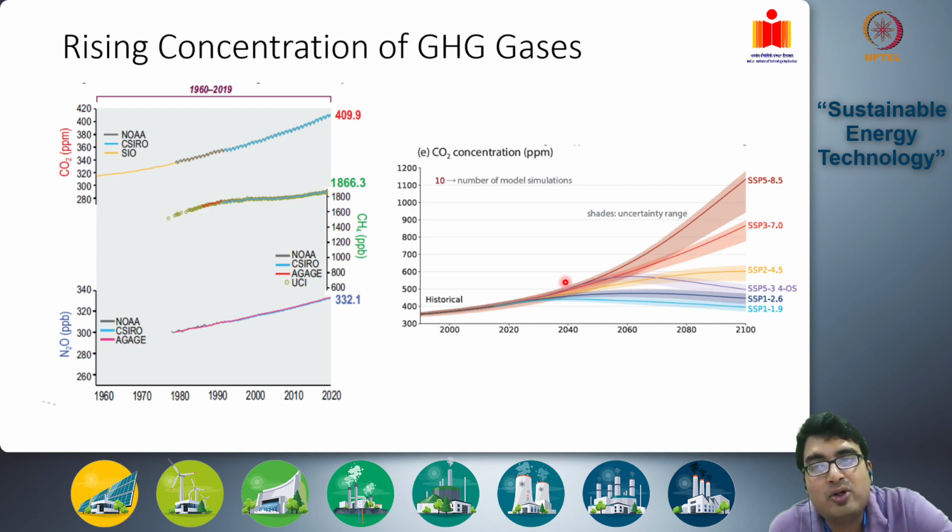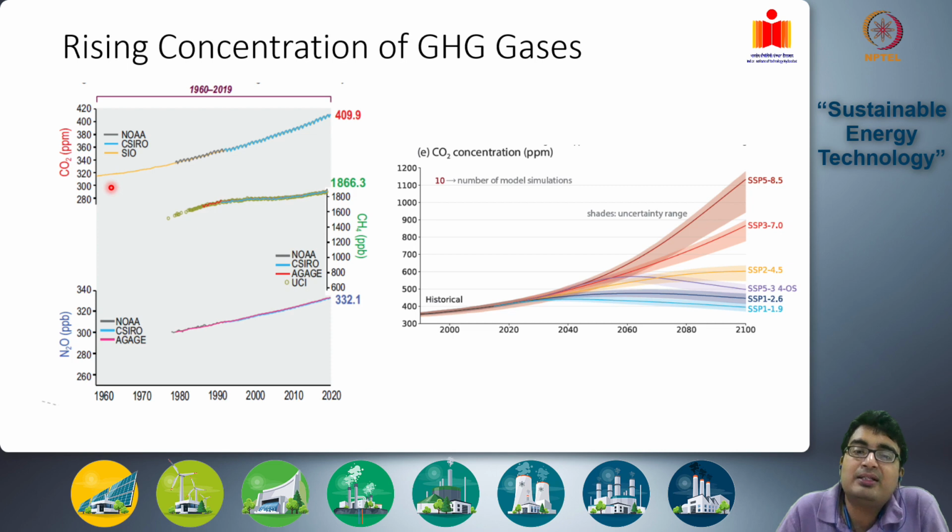So we can also measure how much this emission of CO2, nitrous oxide and methane has led to a rise in the concentration of these gases in the atmosphere. Here the value is in parts per million, which means 10 to the power minus 6 in terms of mole fractions. In 1960, the atmospheric CO2 level was around 315 parts per million, or 315 times 10 to the power minus 6 in terms of mole fractions.